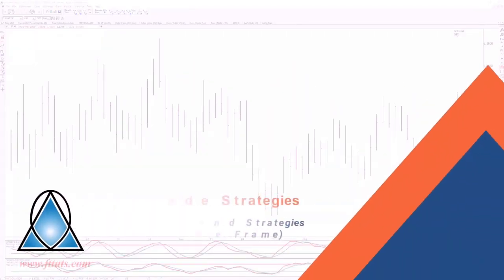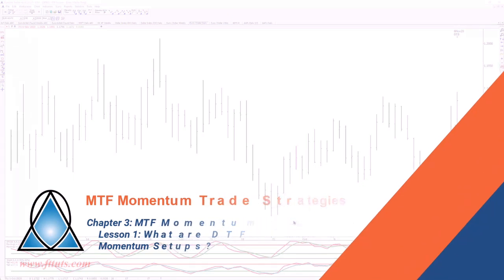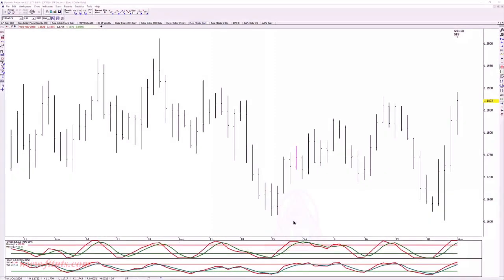The key to identify high probability trade setups and high probability trade strategies is multiple time frame analysis and multiple time frame trade strategies. Well, you already know the basics of multiple time frame, maybe by another terminology. Maybe from Elliott wave.